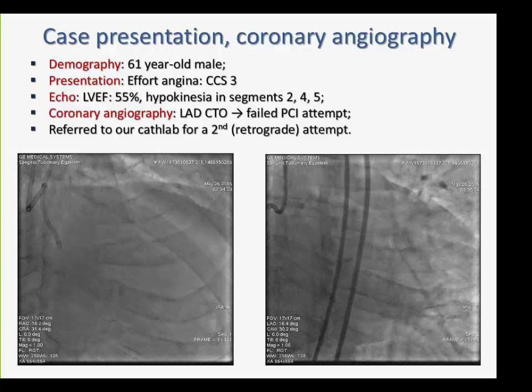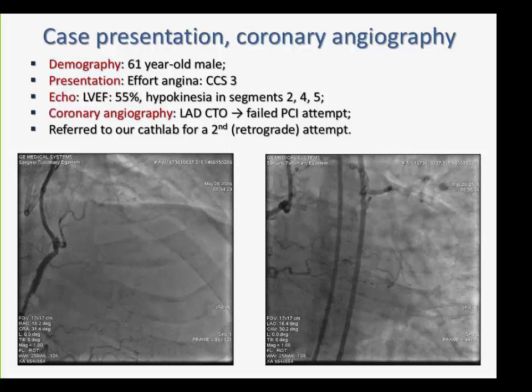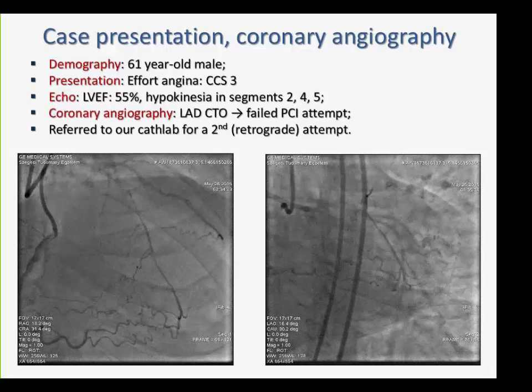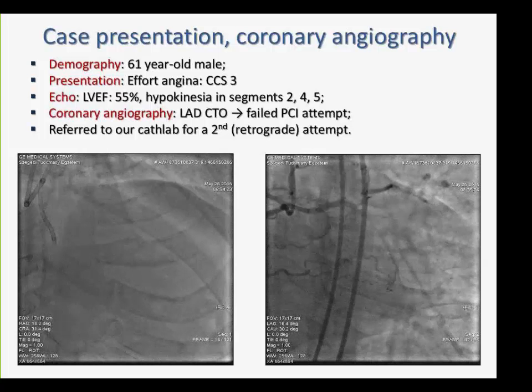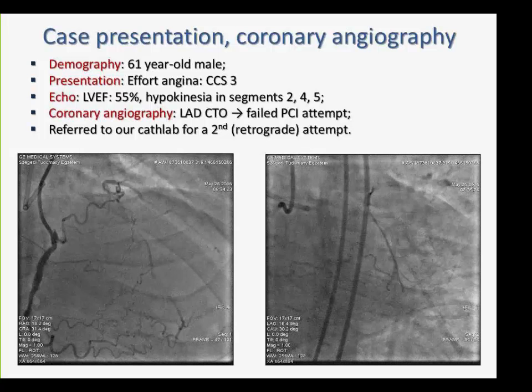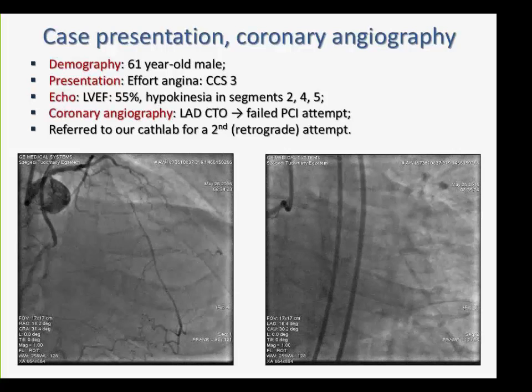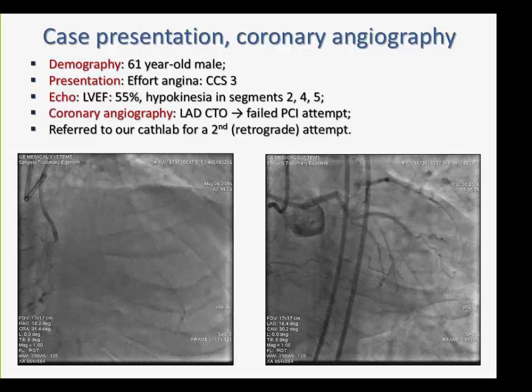So we repeated an antegrade approach as a second attempt. On the right angio from the caudal view, it looks like the occlusion is almost a flush occlusion at the big circumflex artery.